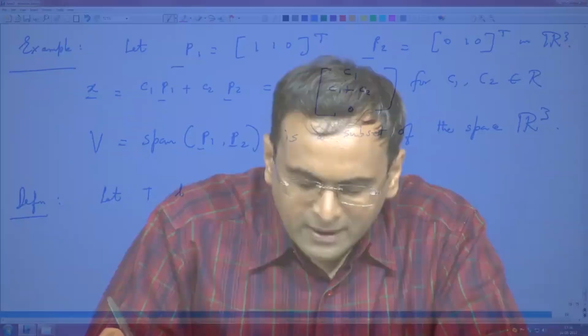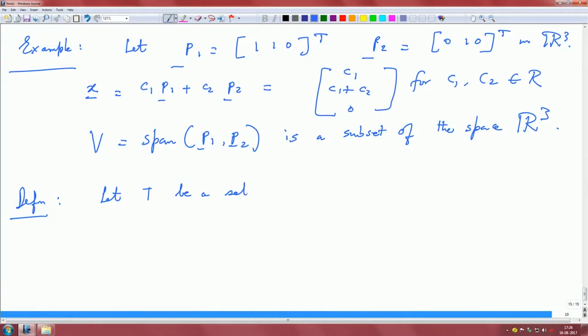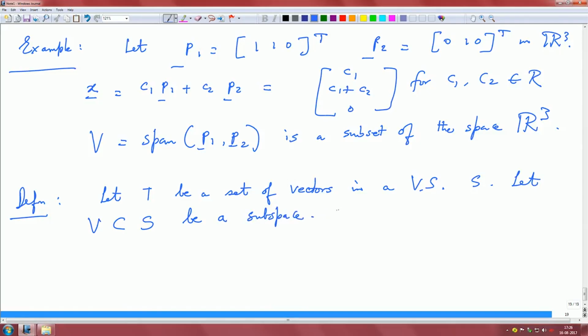So, we have one more definition here. Let T be a set of vectors in a vector space S. Let V be a subset of S, and we call this a subspace actually, to be very precise.